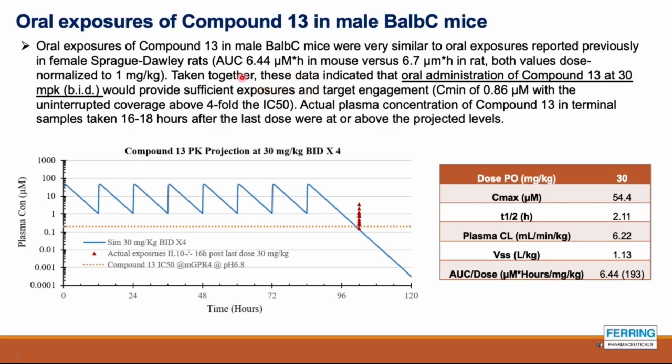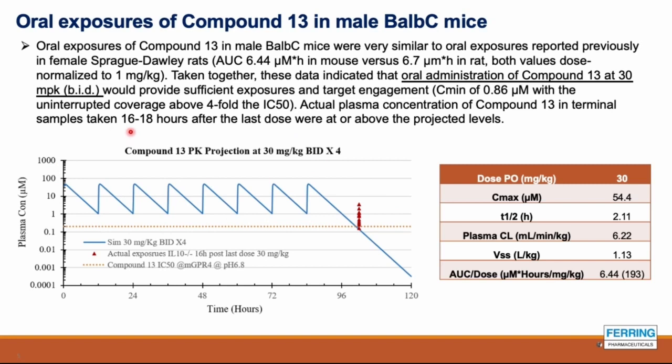After administration of 30 mg per kg in those mice, the Cmax was around 54 micromolar with a relatively short half-life, but the simulation led us to estimate that after BID dosing, we would still get sufficient exposure for a significant target engagement of the receptor.